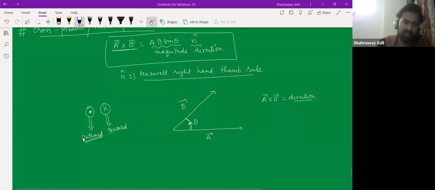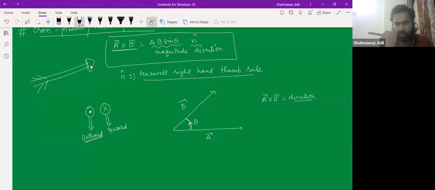So this would be outwards and inward, right? And how can we memorize this thing? So outward direction, let's say we have this arrow, and this is the tip of the arrow.